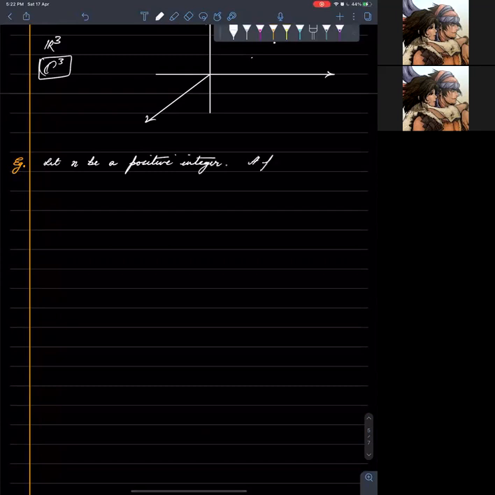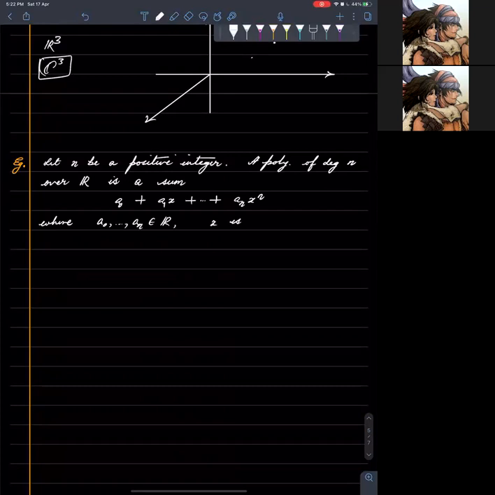A polynomial of degree n over R is a sum, where these are all real numbers.